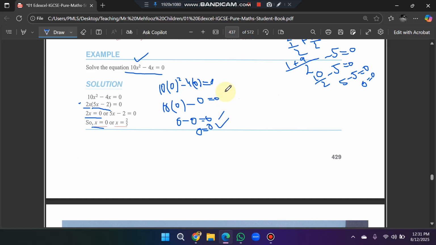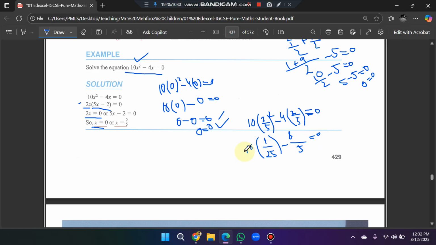Also for 2 over 5, you can see that 10 times 2 over 5 square minus 4 times 2 over 5, okay, is equals to 0. So you can see that 10 times 4 over 25, when we take the square, minus it will becomes 8 over 5 is equals to 0.